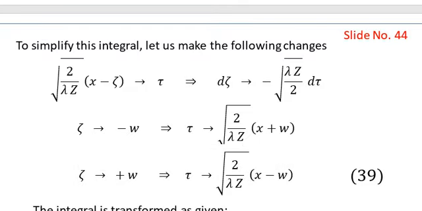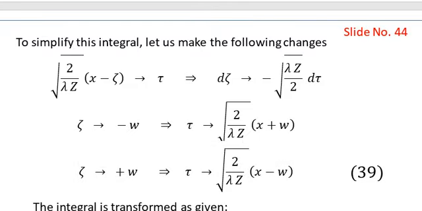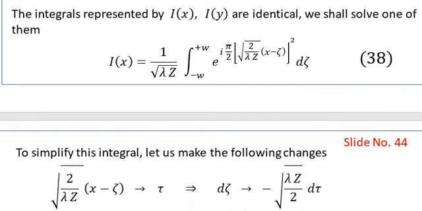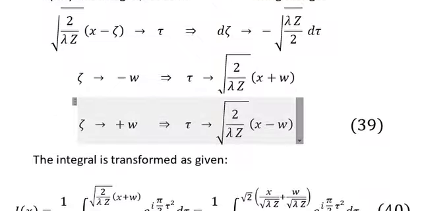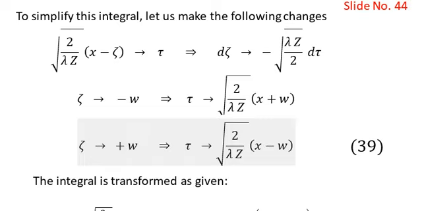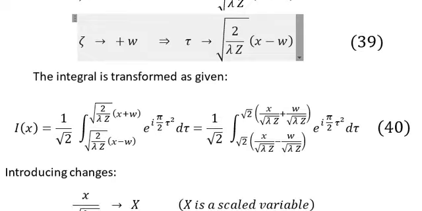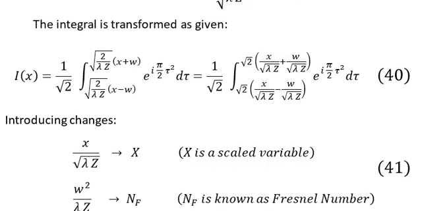In equation 39, we have introduced some variables. These variables will be plugged into equation number 38, and then we have the simplified version, because we are making these substitutions to write the integral in a suitable form that is historically known to us. So the integral is transformed as given. I of x is equal to 1 over square root of 2, and the integral limits are shown, which we have calculated before.